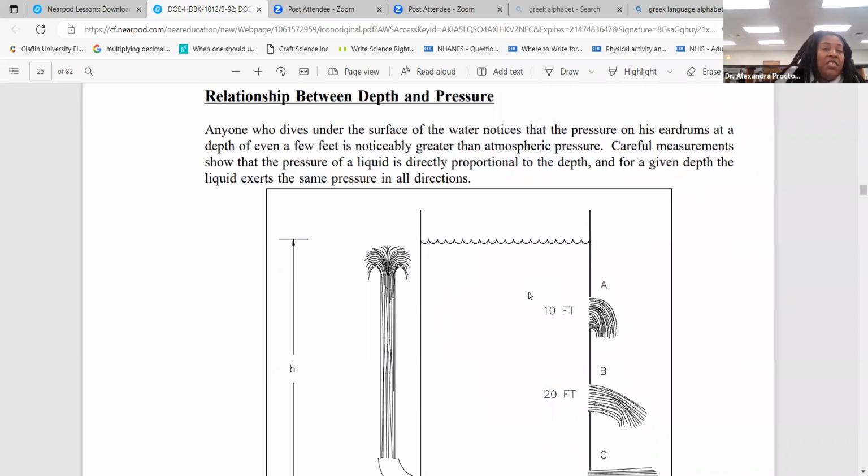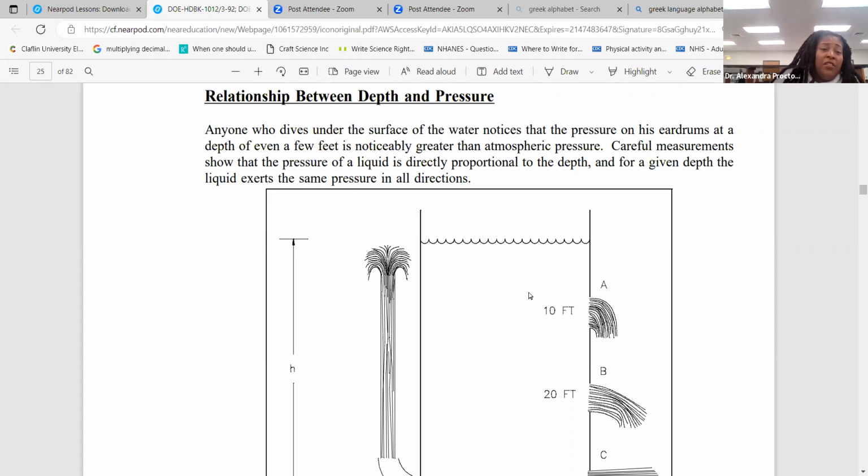So, the relationship between depth and pressure: anyone who dives under the surface of water notices that the pressure on the eardrums at a depth of even a few feet is noticeably greater than when they're at atmospheric pressure.